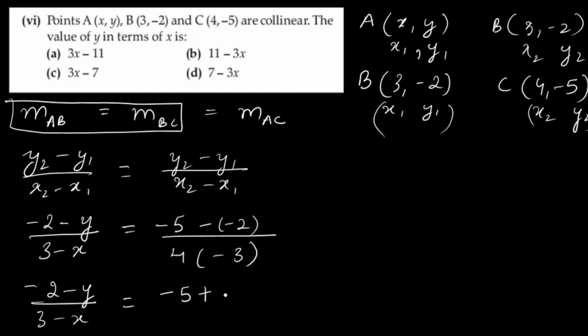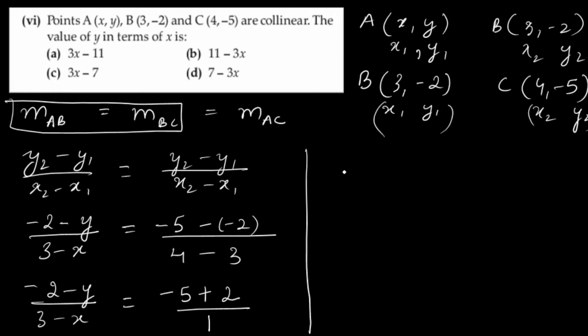Two signs together we have to make a single sign: minus into minus is plus. And 4 minus 3 is 1.